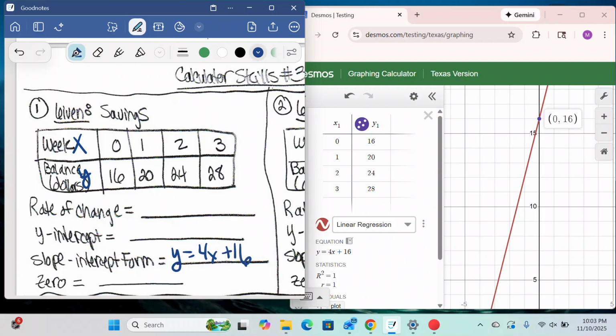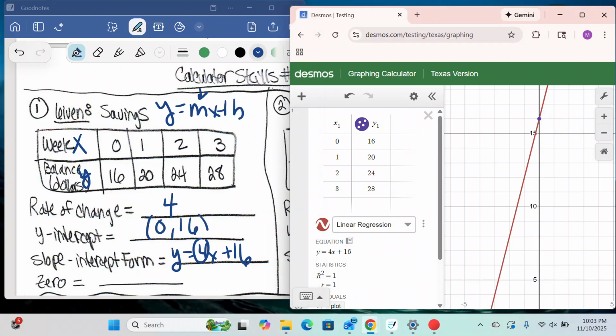And from what I've learned before, y equals mx plus b in this format. The m right next to the x is your slope, so I know the slope is 4, or a rate of change. Then we go to y-intercept. Where does it cross the y-axis? It crosses at 0, 16.